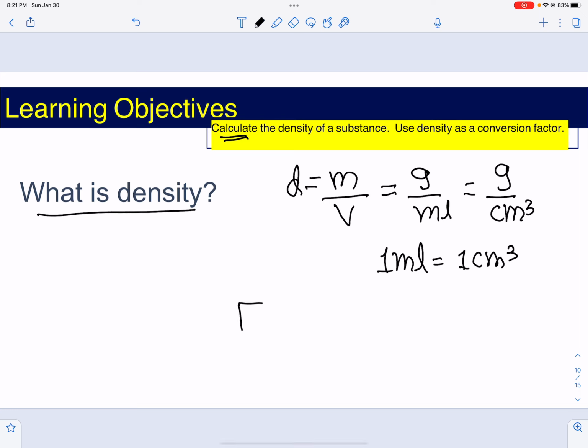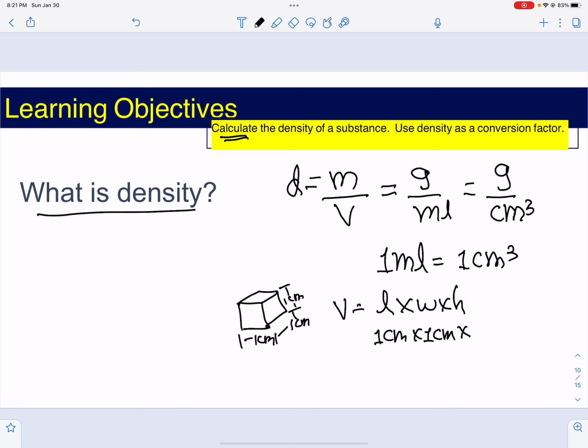That if I have a cubic container, and it measures 1 centimeter on this side, and another 1 centimeter on this side, and it's 1 centimeter high, volume is going to be length times width times height, which is 1 centimeter by 1 centimeter by 1 centimeter, which is the same as 1 cubic centimeter.